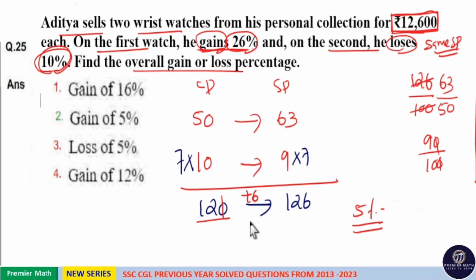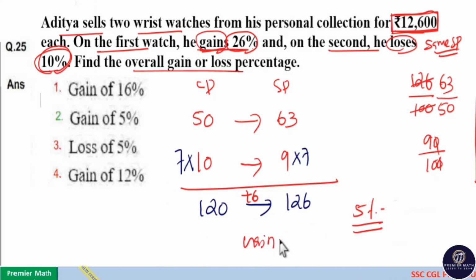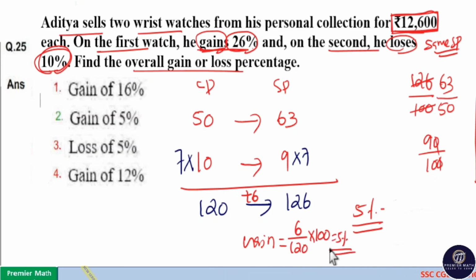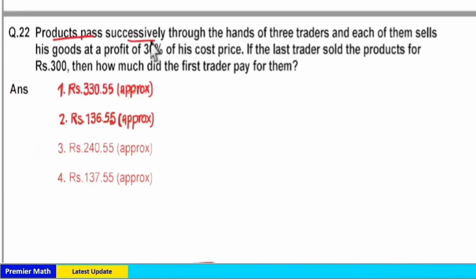That is, here gain is like the difference between selling price and cost price, which is 6. The 6 part is generated from this cost price 120. So 6 by 120 into 100 is equal to 5%. So this is gain.